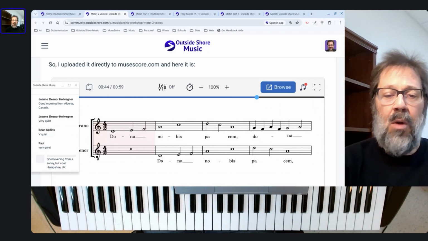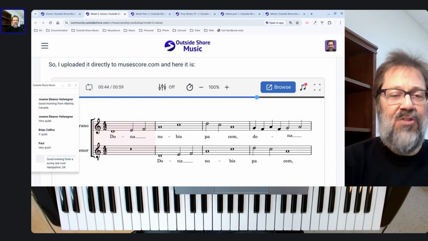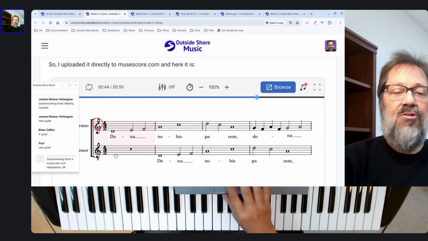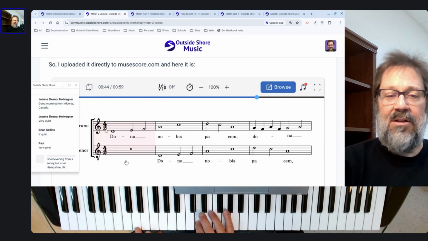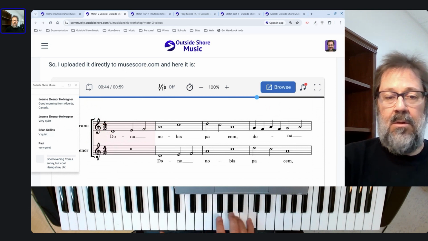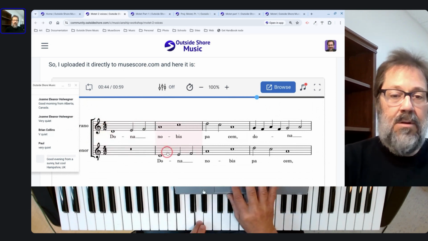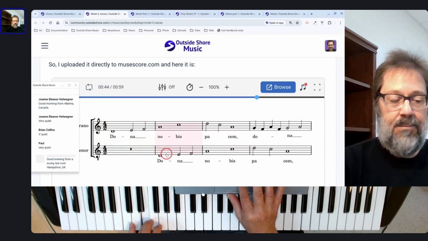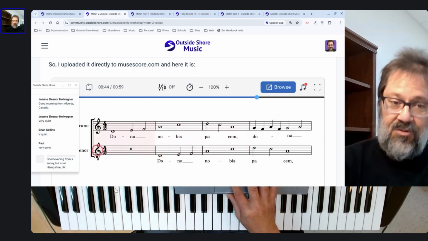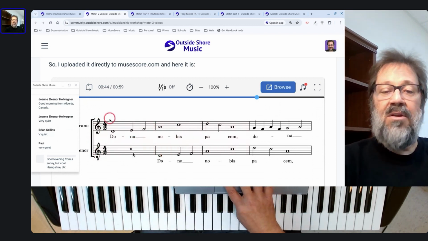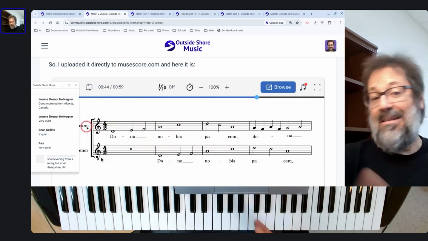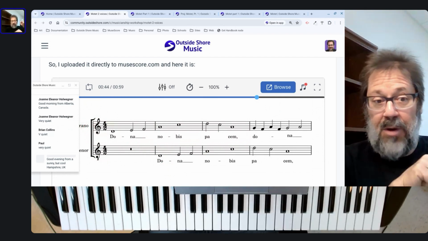All right, so let me make a couple of observations here. One of them is, he has imitation at the octave, right? Because this is treble down an octave, he's got imitation at the octave, which is typical if you're writing between soprano and tenor.